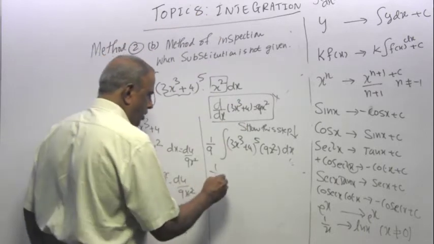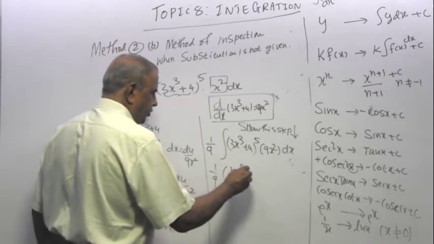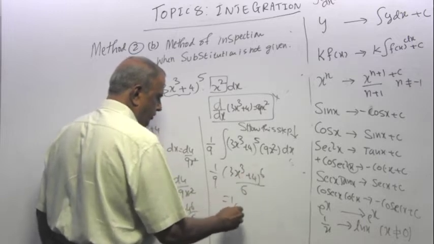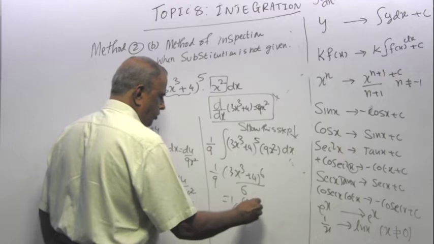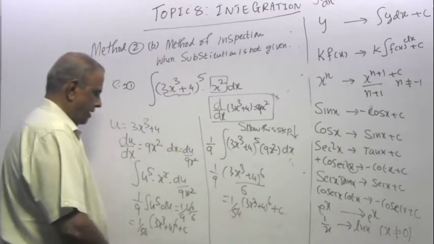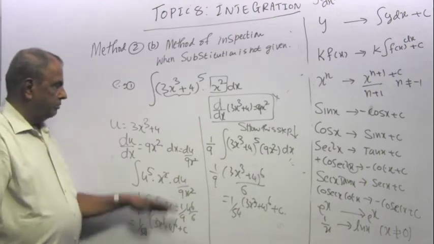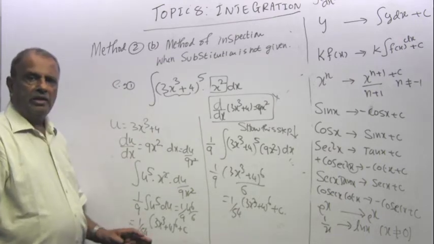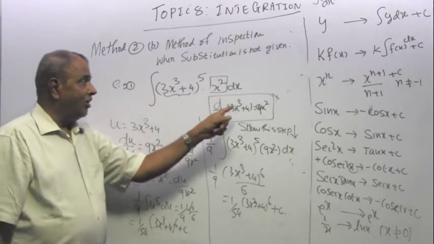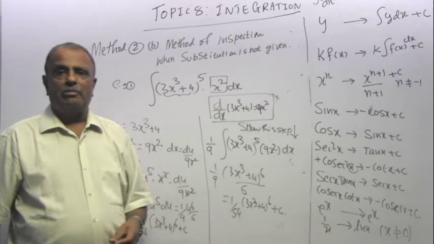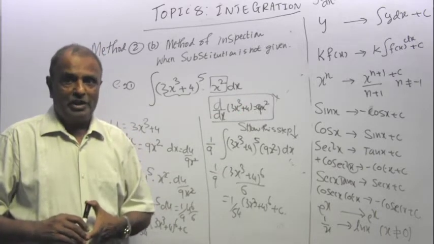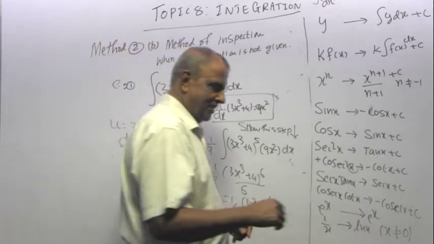So this gives you 1/9 of (3x cubed plus 4) to the power 6 over 6, which is 1 over 54 times (3x cubed plus 4) to the power 6 plus c. This is the same answer you got, but you didn't have to go through the whole lot. Alright? But this only works as long as the derivative differs by a constant, not otherwise. Okay, good.